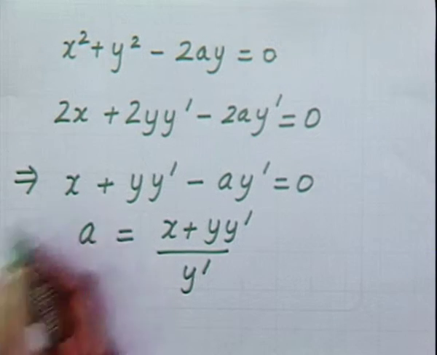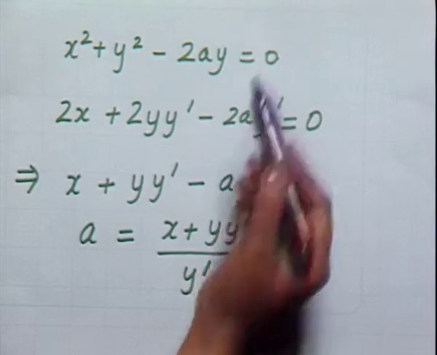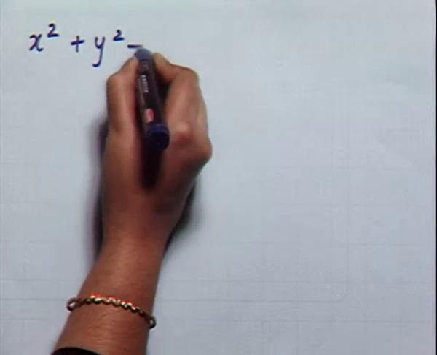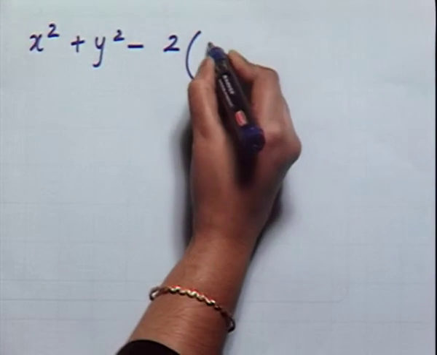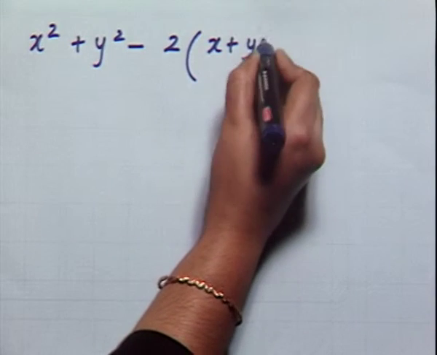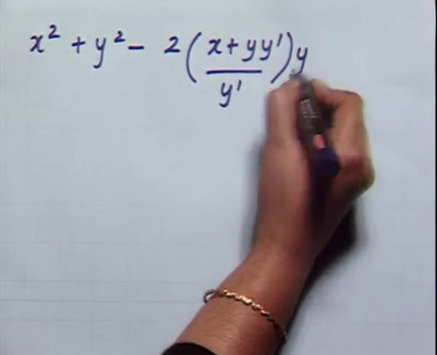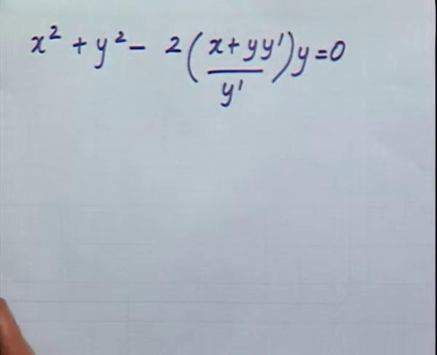We have to aim at eliminating a. So to eliminate a, we have got the value of a, and then we can substitute it back in the equation x square plus y square minus 2ay, and that gives rise to the differential equation as x square plus y square minus 2 times (x plus yy dash) by y dash times y equal to 0.